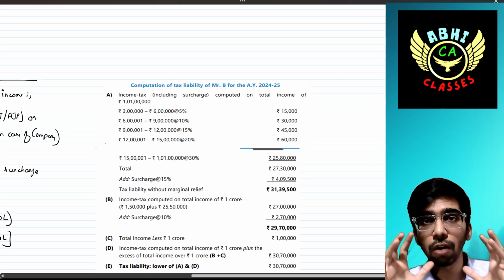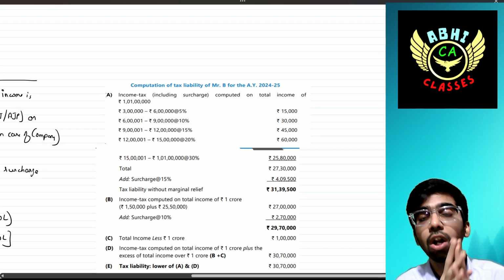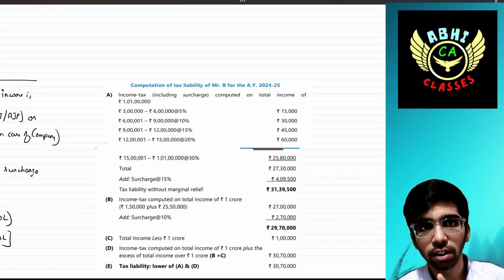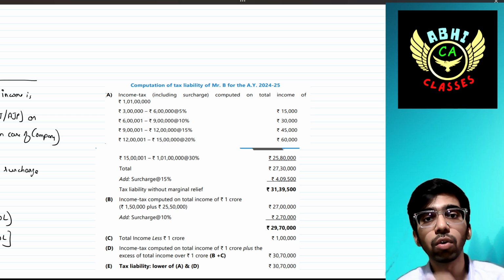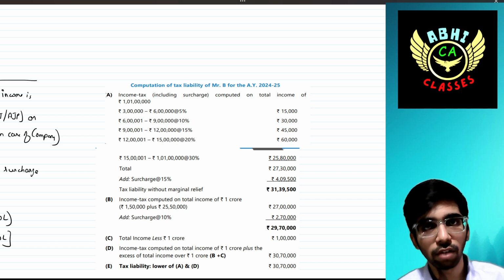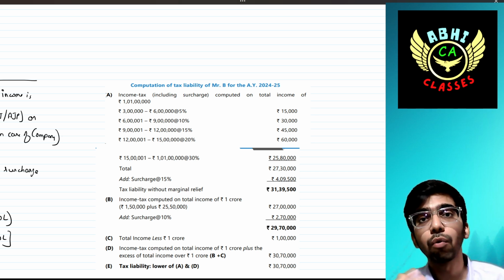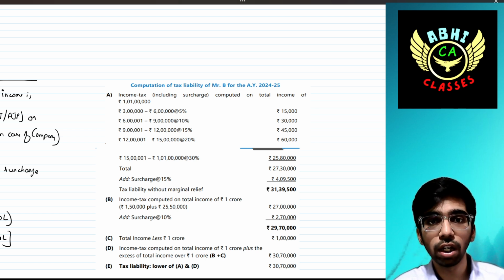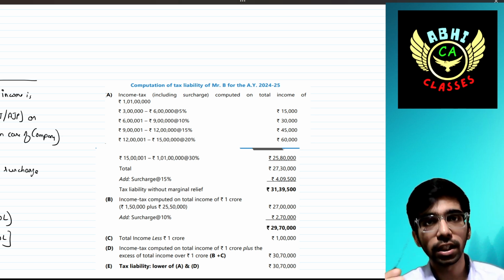First step is we have to compute the tax applicable for 1 crore 1 lakh. If he is opting for the new tax regime: up to 3 lakh nil, 3 to 6 lakh 5% is 15,000, 6 to 9 lakh 10% is 30,000, 9 to 12 lakh the difference is 3 lakh into 15% is 45,000, 12 to 15 lakh 20% that is 60,000, then more than 15 lakh 30%, up to 1 crore 1 lakh is the amount, right?